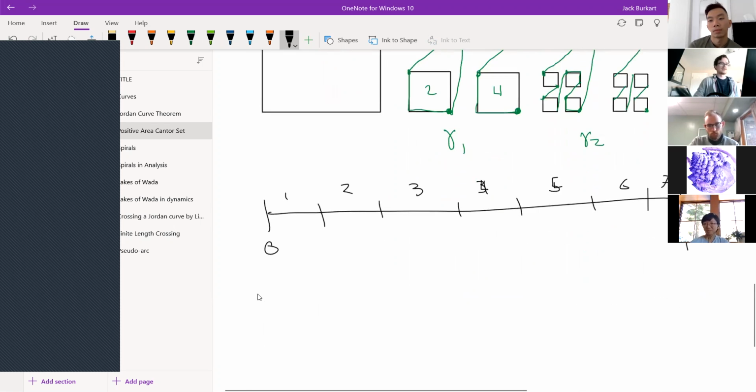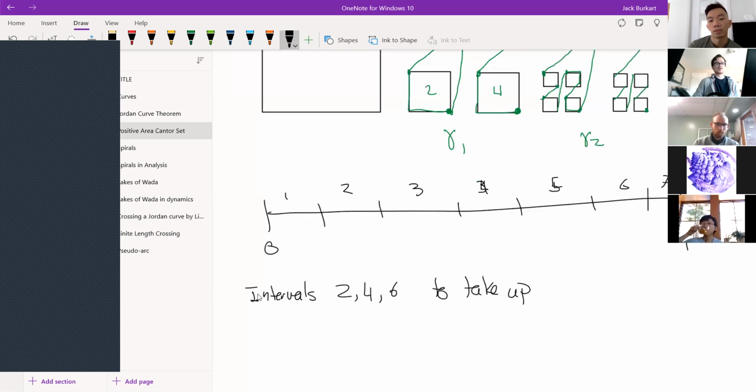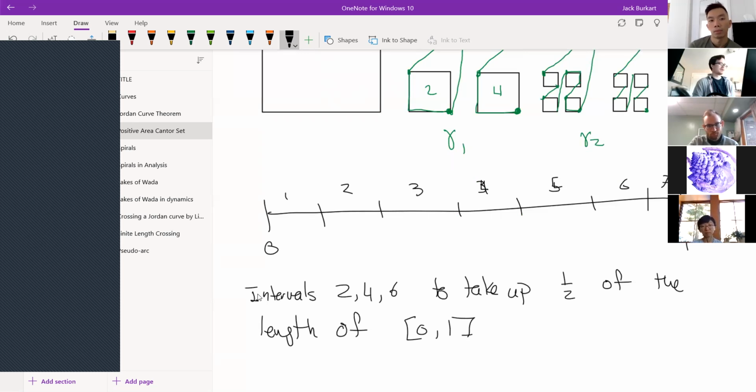And I want intervals 2, 4, and 6 to take up 1/2 of the length of 0, 1. So whatever arbitrary way you want to split these up.